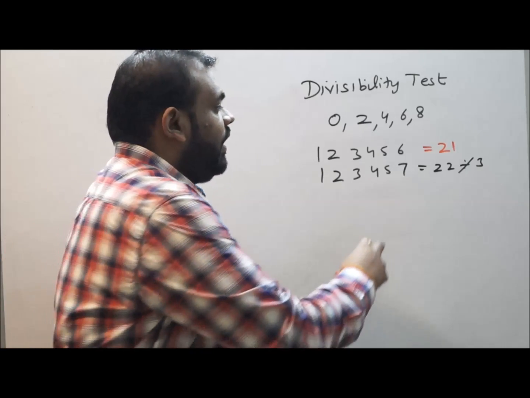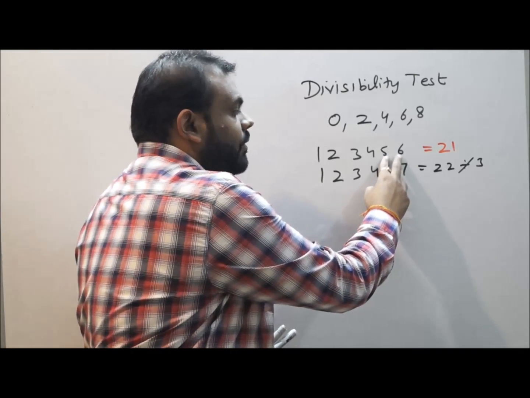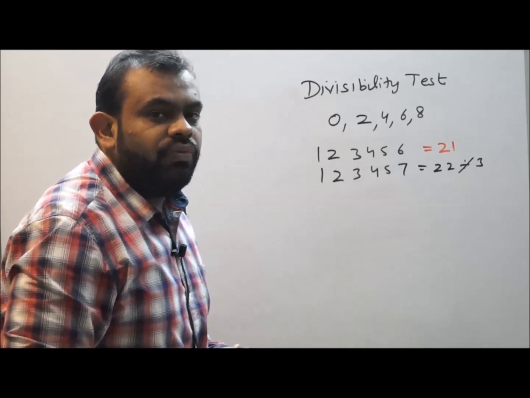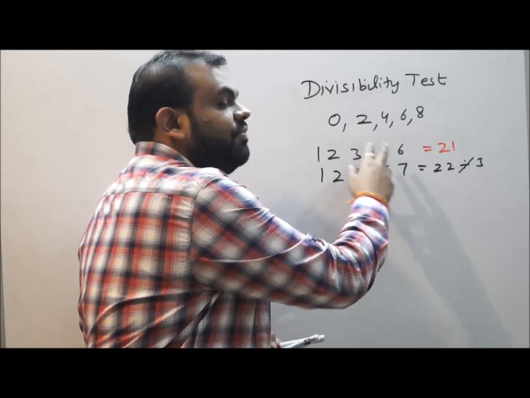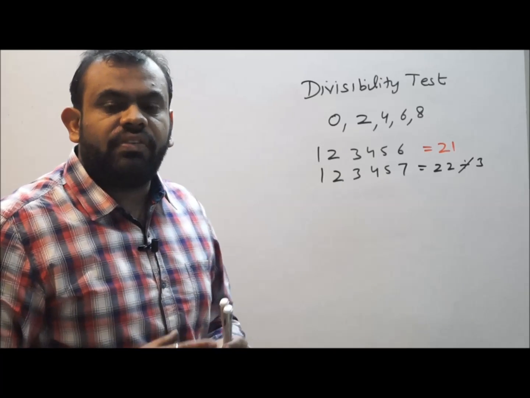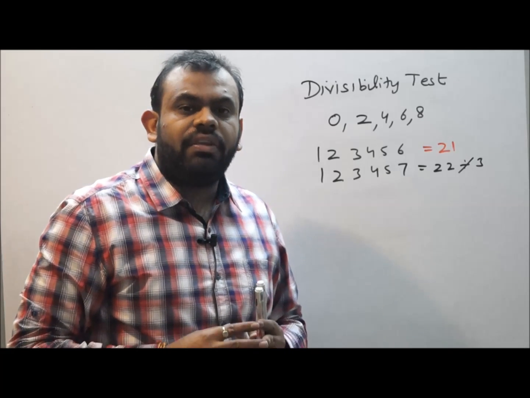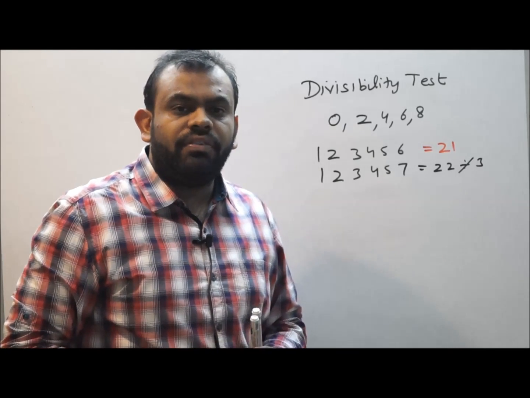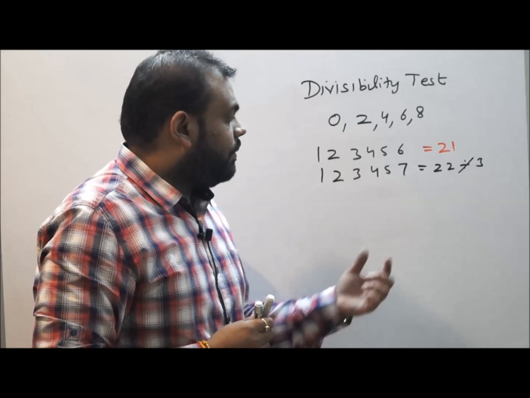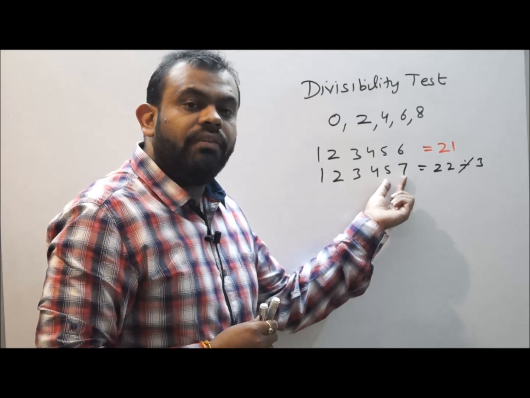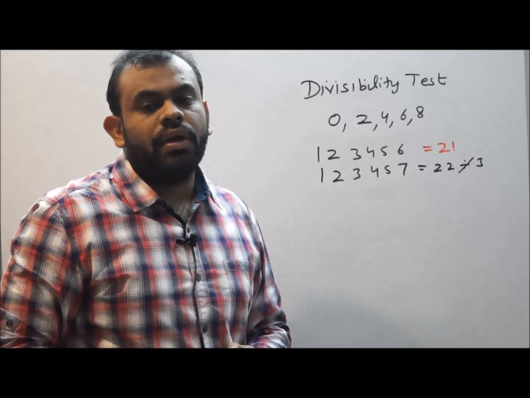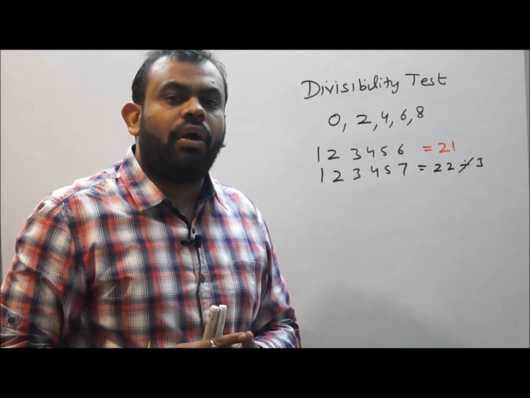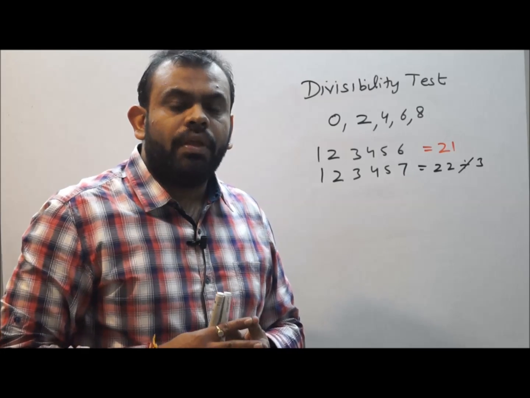Let us check the concept on this example, and we can see that in my first example the number is ending with 56 and 56 is divisible by 4. Hence my first example is divisible by 4. Whereas my second number is ending with 57 and 57 is not divisible by 4. Hence the number is not divisible by 4.